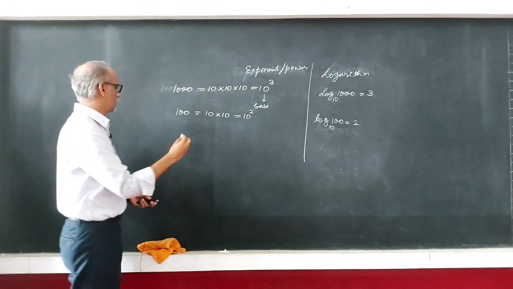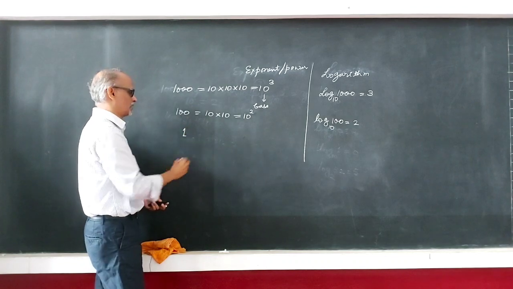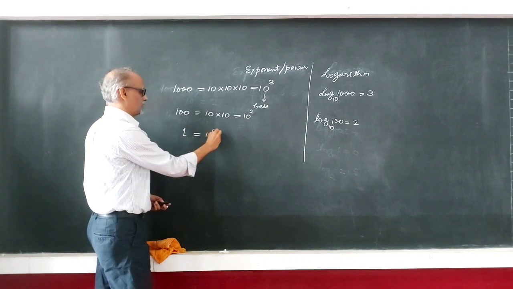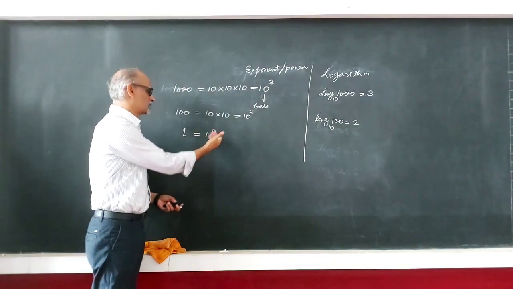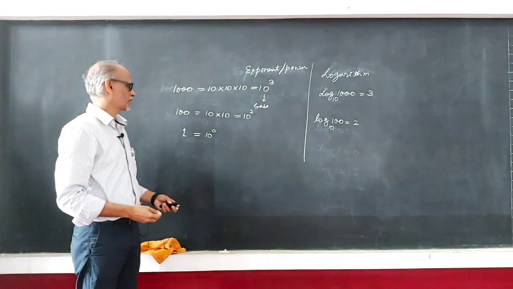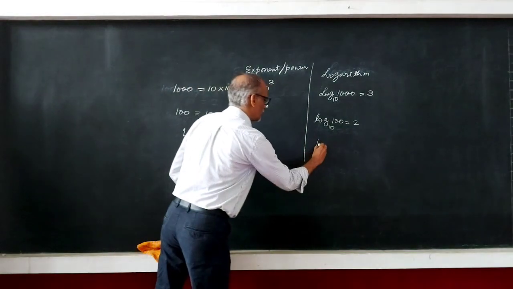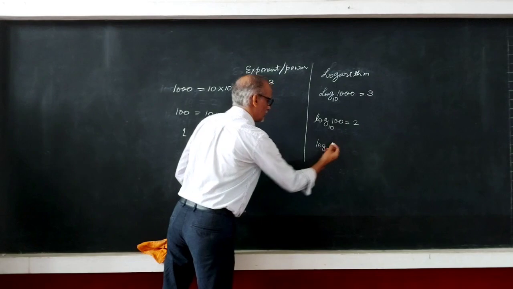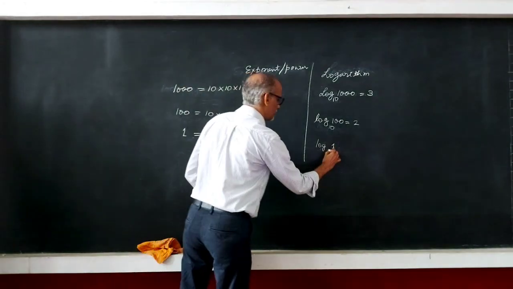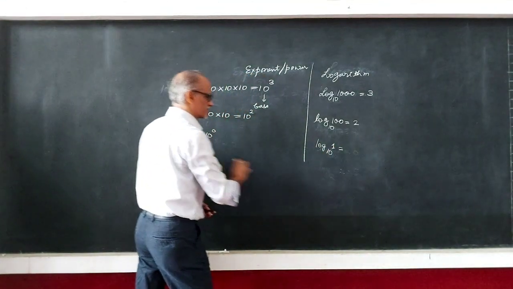Clear? How about 1, which you can write as 10 to the power 0. Not only 10 to the power 0, I can write any number to the power 0 is always 1. How to write this in log format? Log of 1 to the base 10 is equal to 0.